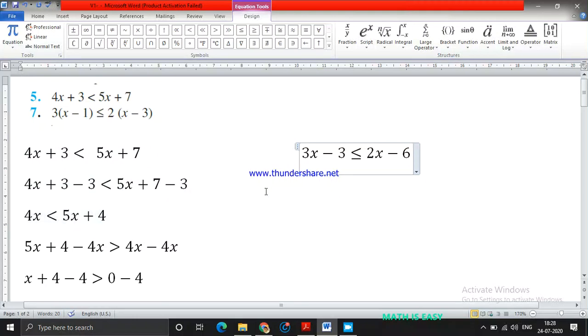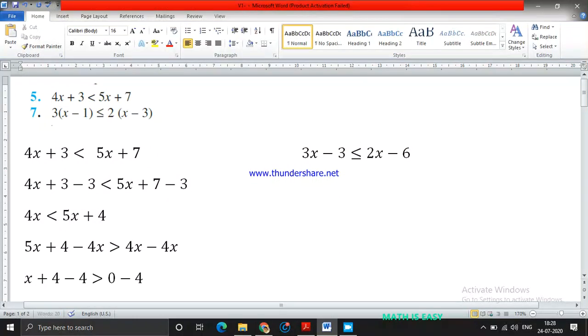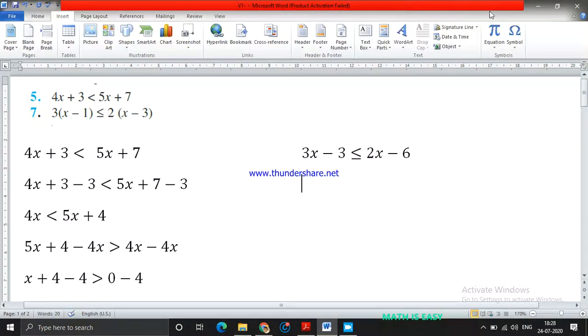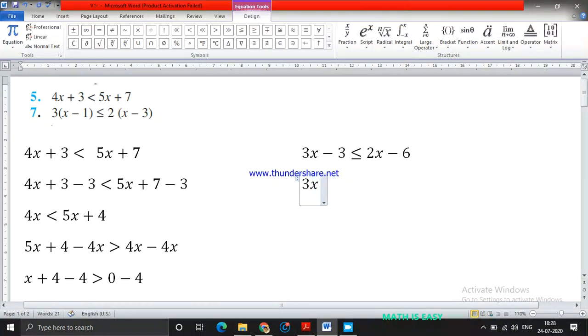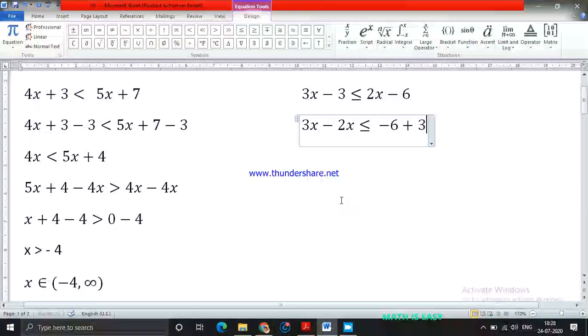So next step, instead of bringing on both the sides every time, we can directly write it. Bring 2x this side, that is 3x minus 2x is less than or equal to minus 6 plus 3.